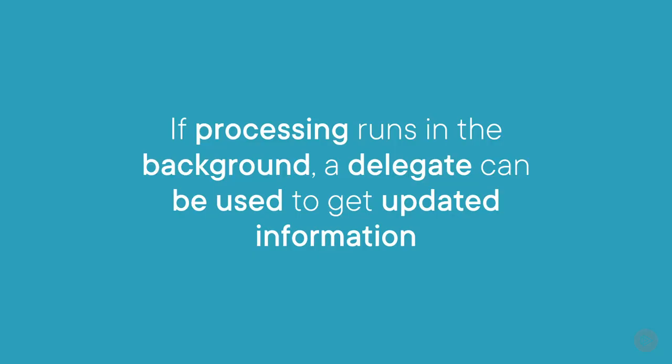Imagine if this processor executes in the background, providing a way to get a callback when an order reaches a certain state allows the consumer to act on that information. This could be to populate the UI with some information about which order was most recently processed.